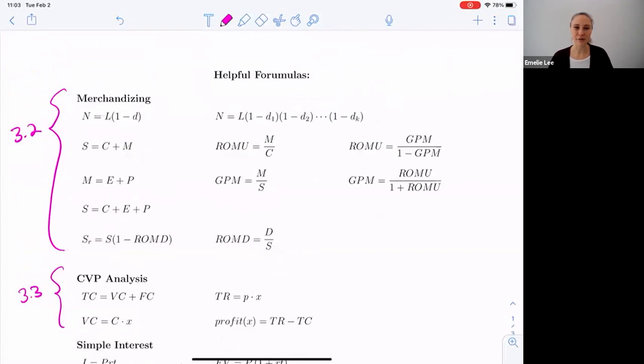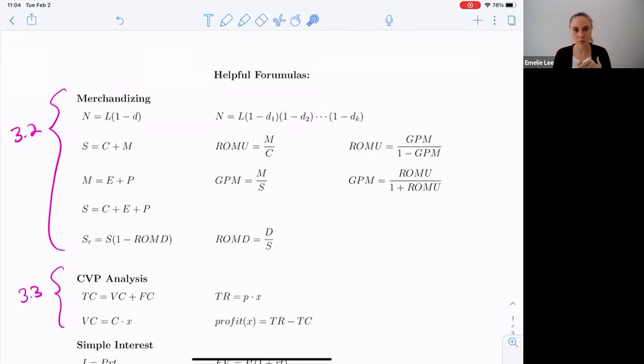definitely a lot of stuff coming at us, right? But just kind of block it off in your mind. So 3.2 is definitely a big section. Okay, we're going to be talking about markups and markdowns, which when we say markup, I know in my mind, from a business perspective, if I'm selling something, then I have some sort of markup on a product because I need to make a profit, right?